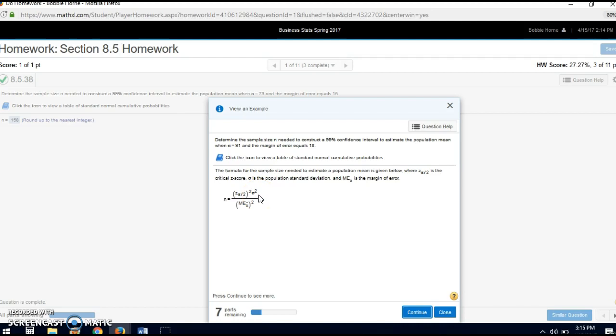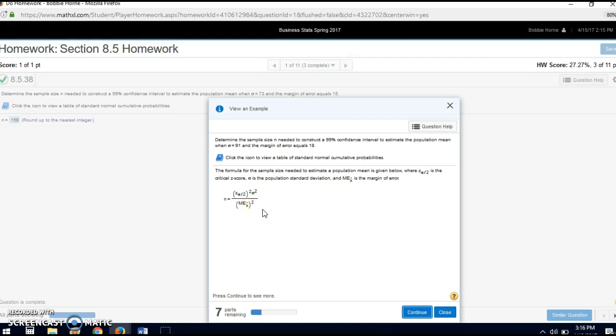You're going to multiply those two numbers together, and then you divide by your margin of error, which is 15. If you square 15, you would get 225. So up here, if you square 2.575, you get about 6.63. If you square your 73, you would get 5329. Divide that by 225.